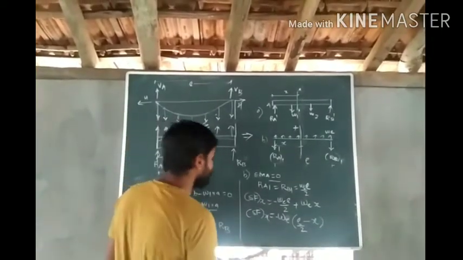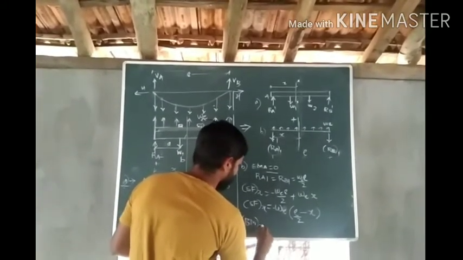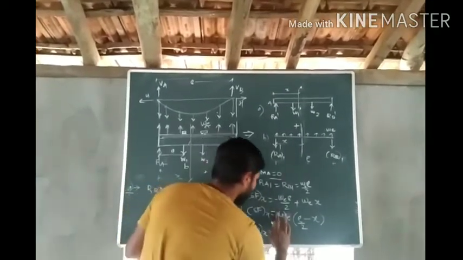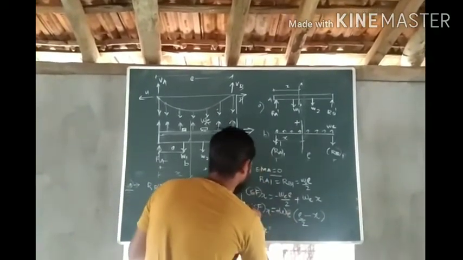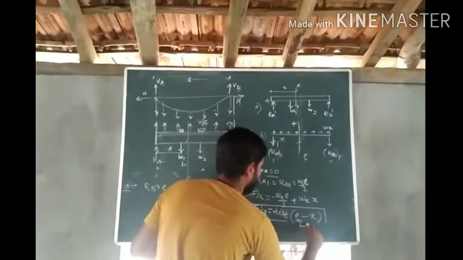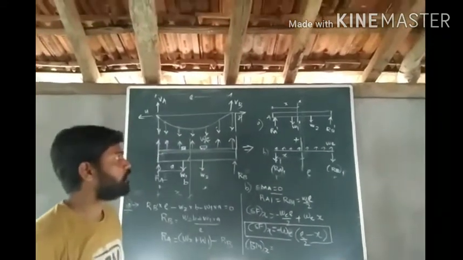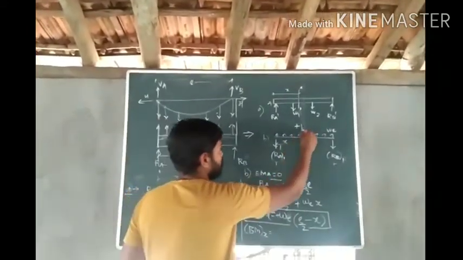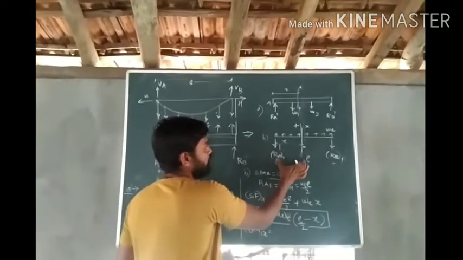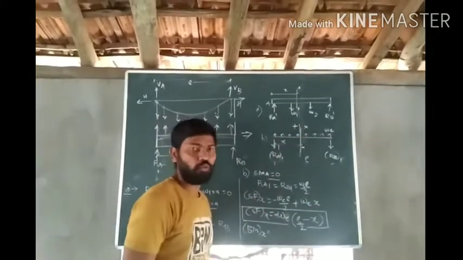Suppose I want to calculate the bending moment at any location X. So the bending moment will be equal to RA1 multiplied by X and this WE multiplied by X into X by 2.